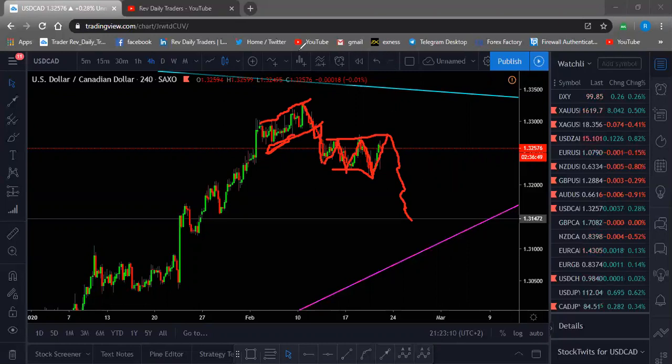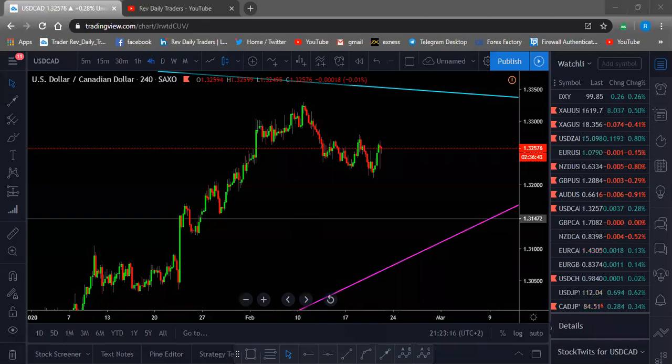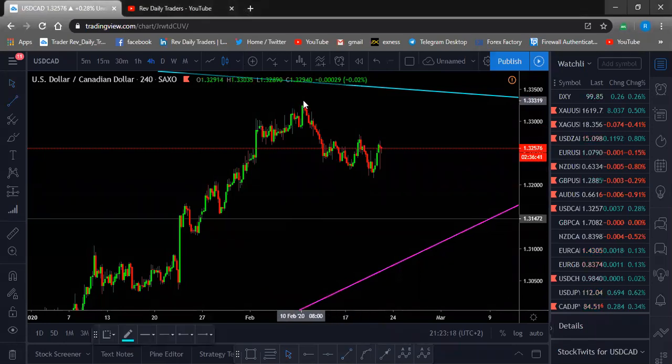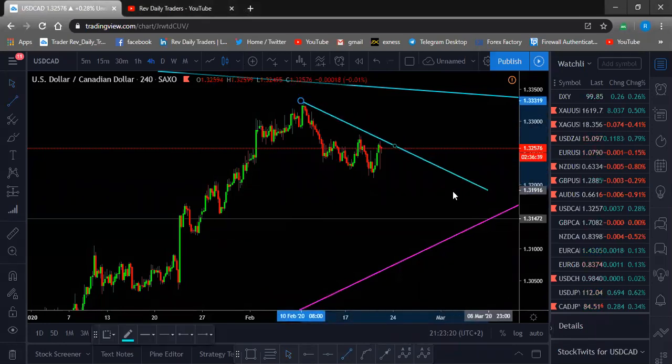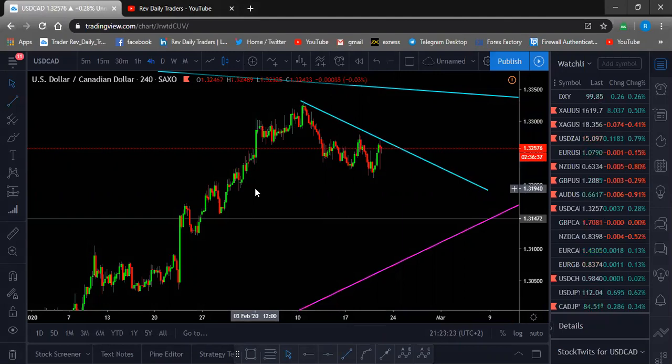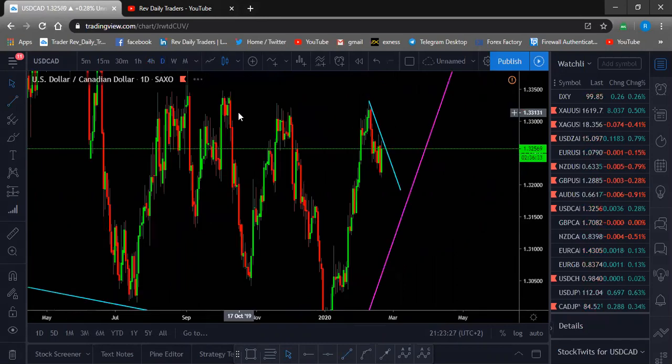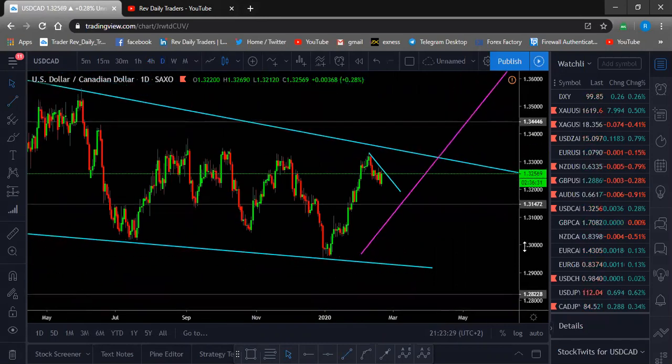On this one more down, what we are looking for, we'll be looking at this pattern as a correction. Remember, on daily, it's a correction to go up, okay? To go up to test this high.